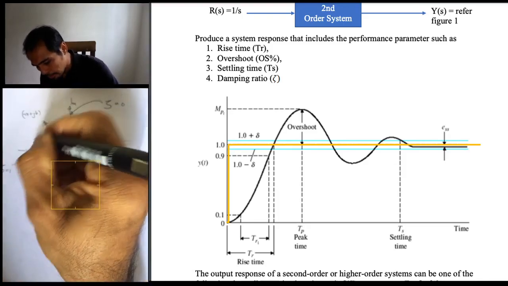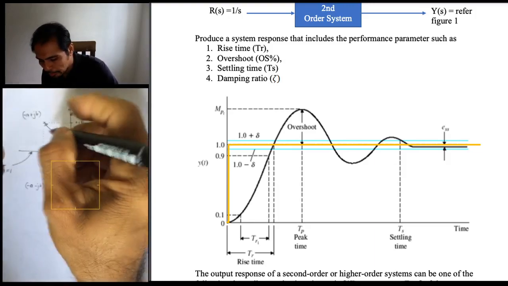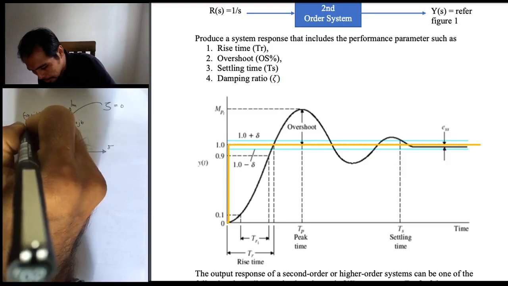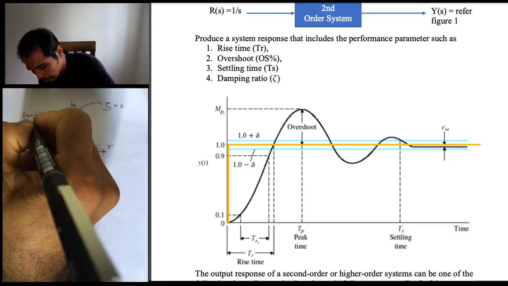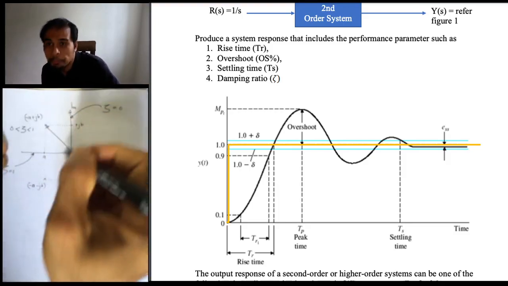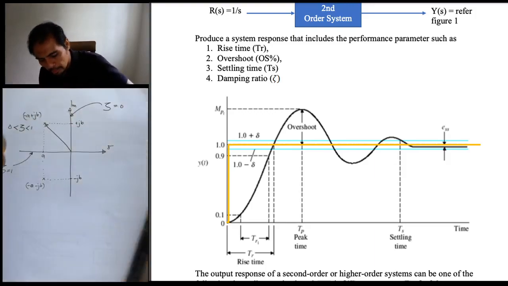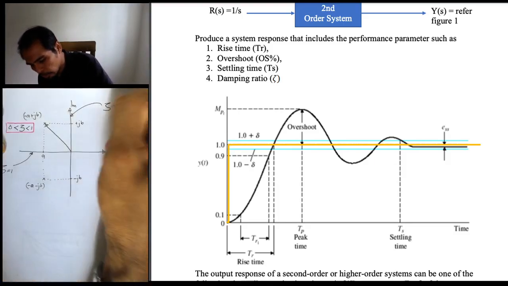And then between this one, or on the complex plane, the damping is less than 1, greater than 0. So any point that you pick on the complex plane here, your damping must be 0 to 1.